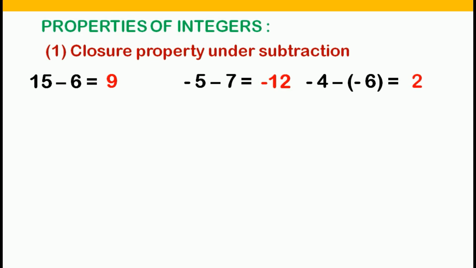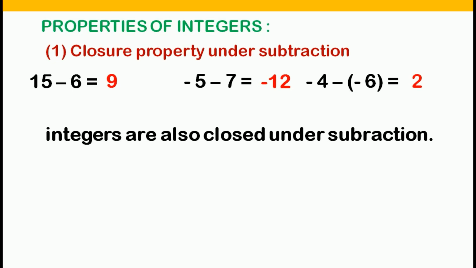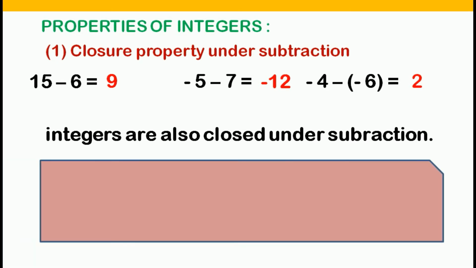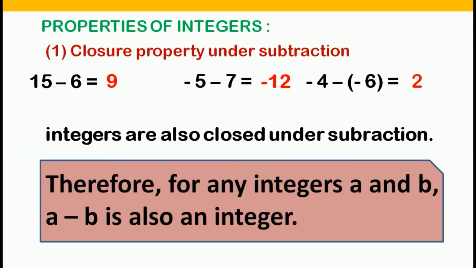In these examples, when we subtract two integers, the result is also an integer. So we can say that integers are closed under subtraction. So we can conclude that for any two integers a and b, a minus b is also an integer.